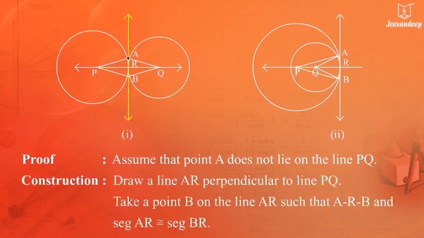Construction. Draw a line AR perpendicular to line PQ. Take a point B on the line AR such that ARB is a single straight line and segment AR is congruent to segment BR.